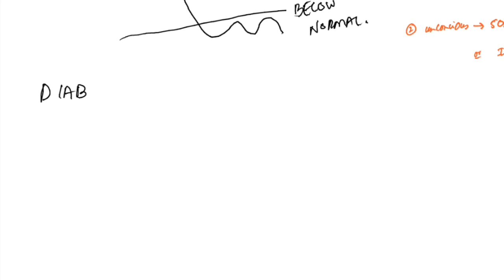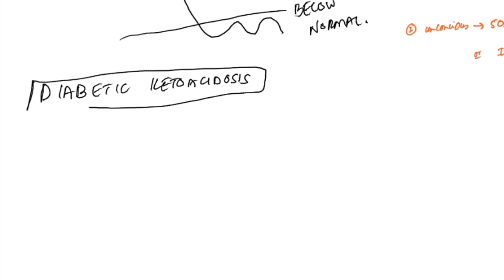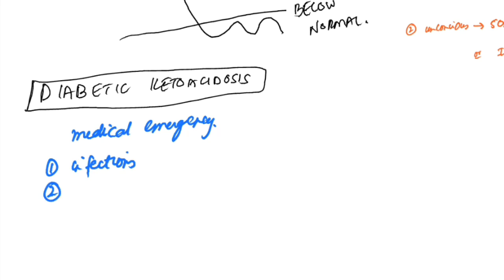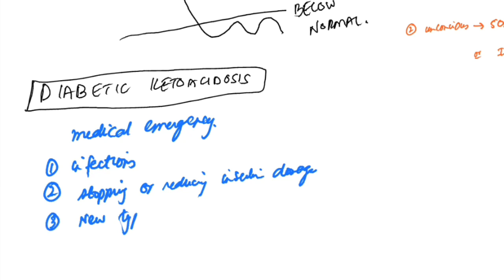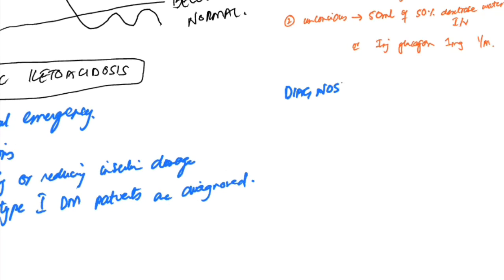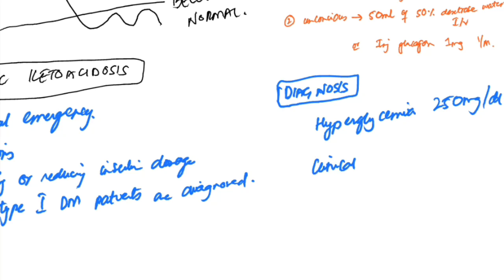Diabetic ketoacidosis is a medical emergency. It is the complete opposite of hypoglycemia, in which there is constant hyperglycemia, which means increased levels of sugar in the blood. It is mainly due to three reasons. It may be because of any kind of infection in the body. It may be due to stopping or reducing the insulin dosage of a patient. And unfortunately, all new patients of type 1 diabetes are diagnosed this way. Ketoacidosis is diagnosed with a constantly increased level of blood sugar of more than 250 per deciliter.